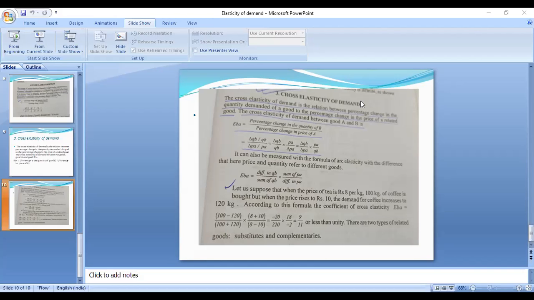After that, when A's price changes to 115 rupees, then B's quantity demanded changes to 37 kg. Calculate the cross elasticity of demand.